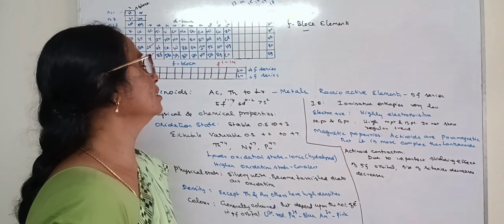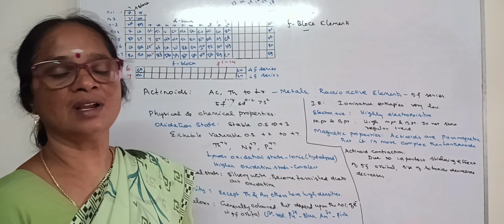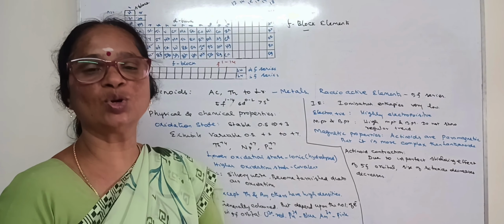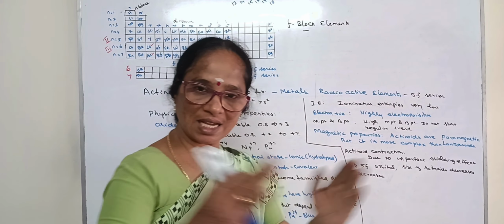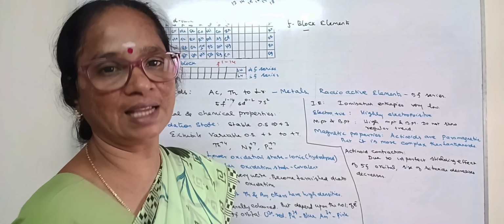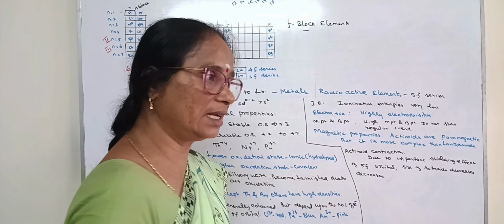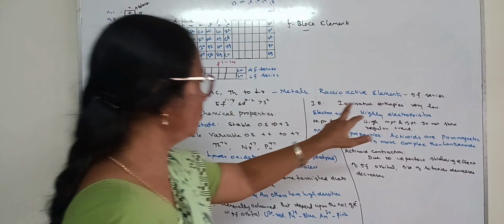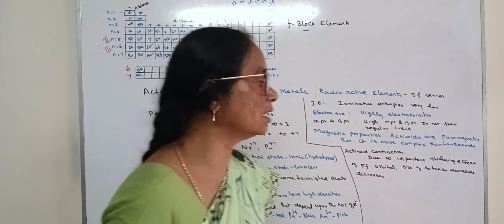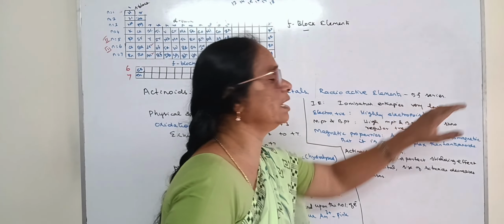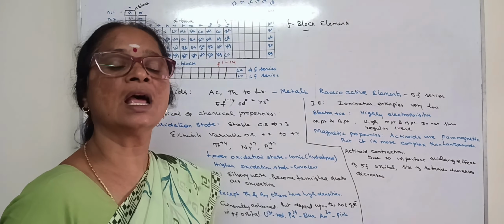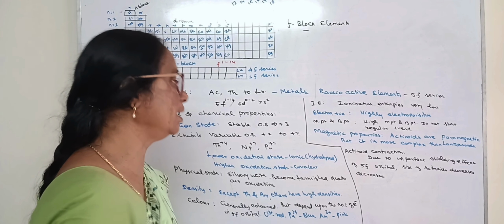The next one, ionization enthalpy. We know well, on going down the group, ionization enthalpy decreases because the size of the element increases, and hence actinides possess very low ionization enthalpy. Electropositive character: because of very low ionization enthalpy, these elements are highly electropositive in nature.